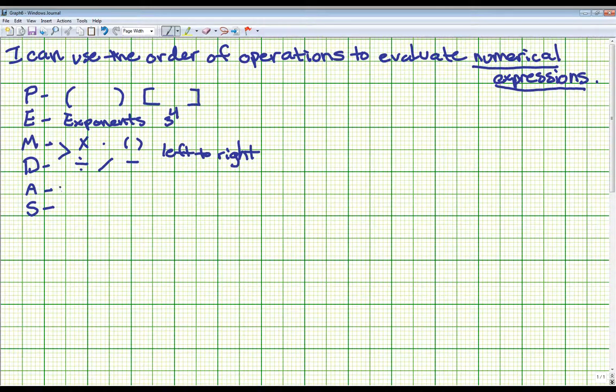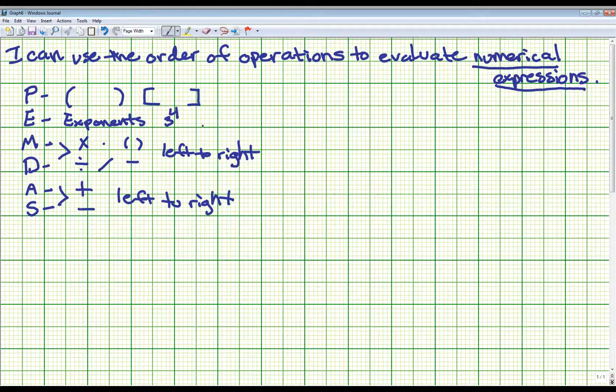And the A and the S are also done on the same step. So the A stands for addition and the S stands for subtraction. So again, we do these from left to right like we read a book. All addition and subtraction goes on the same step.